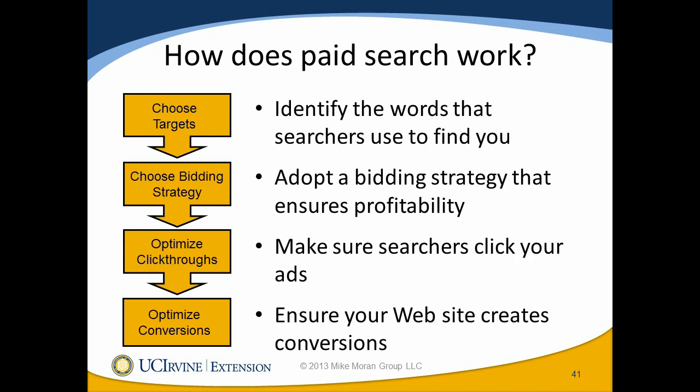If we look at paid search, the steps are similar. You identify the words searchers use to find you, just as before. Now you adopt a bidding strategy that allows you to be profitable.